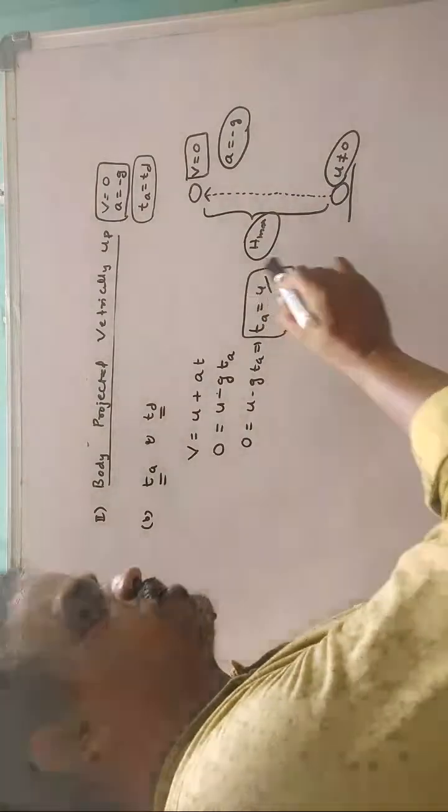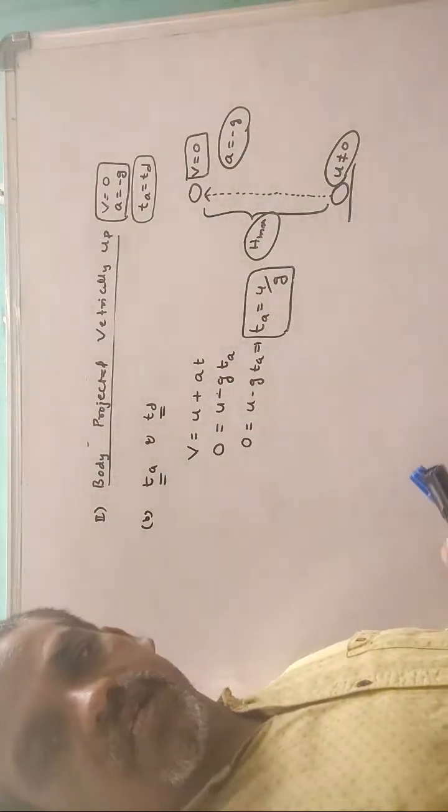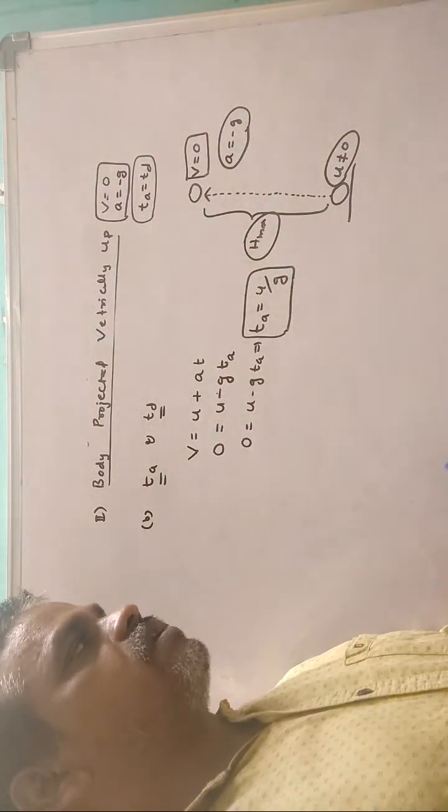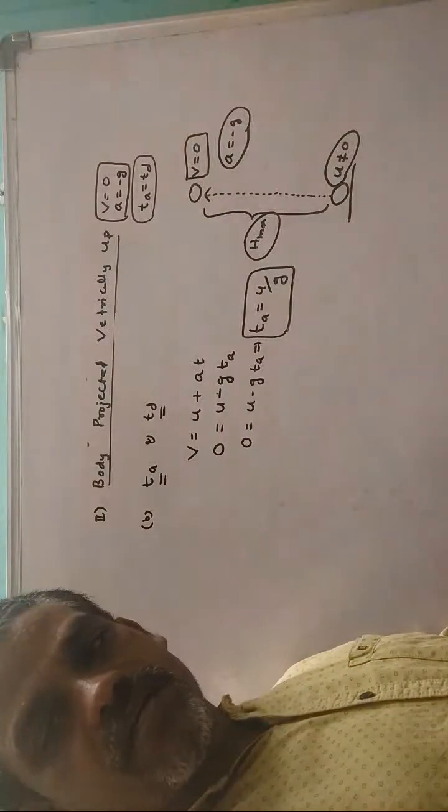U is initial velocity, g is gravitational acceleration. Time of ascent equals u by g.